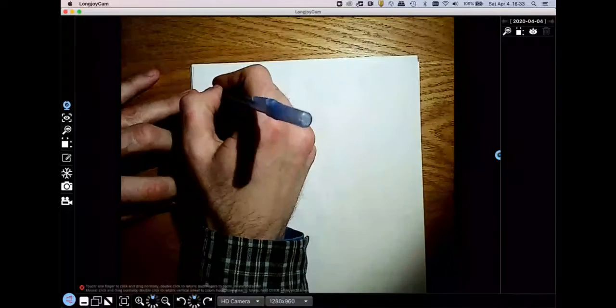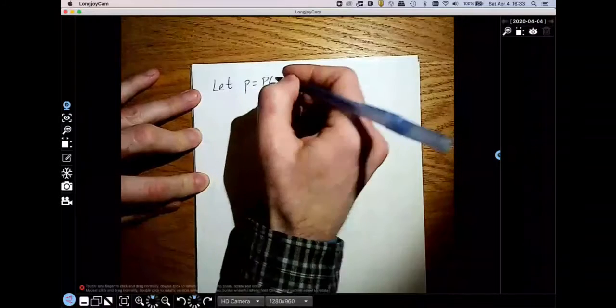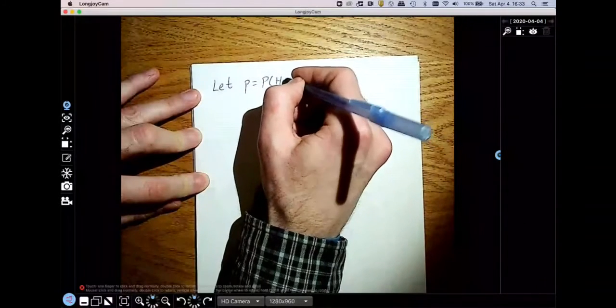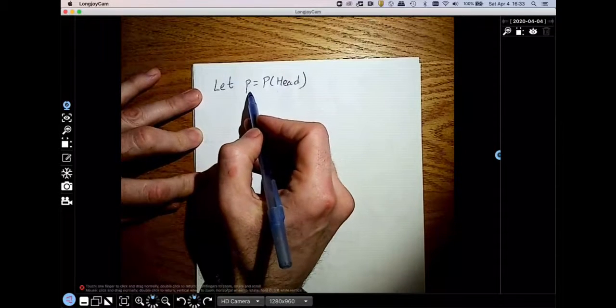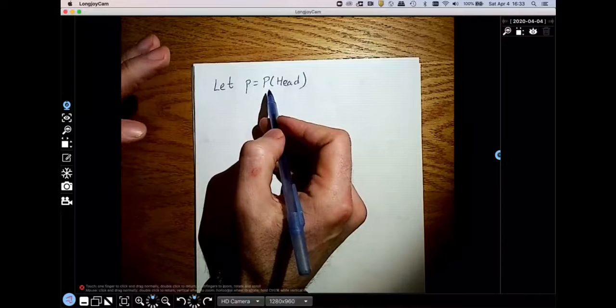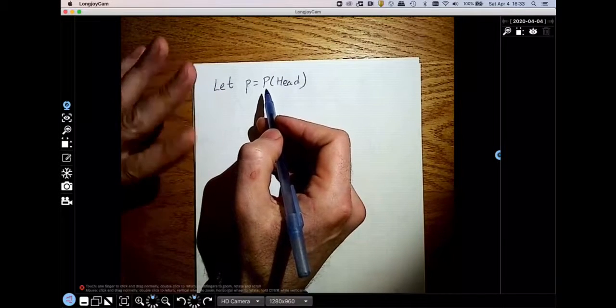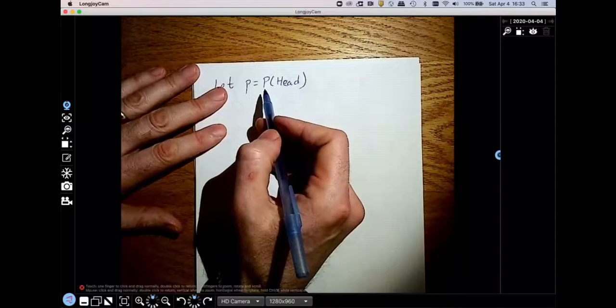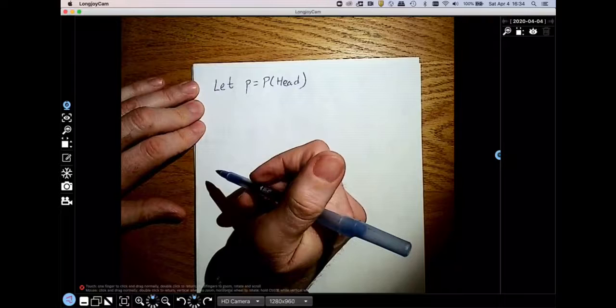So let us say that p is equal to the probability of a head. I'd like to find out what the probability of a head is. This coin feels kind of unbalanced to me, so I don't think it's a fair coin. So I'd like to test this out.